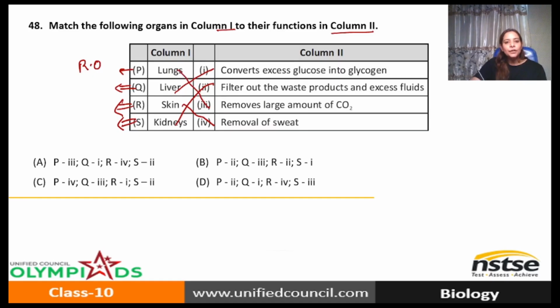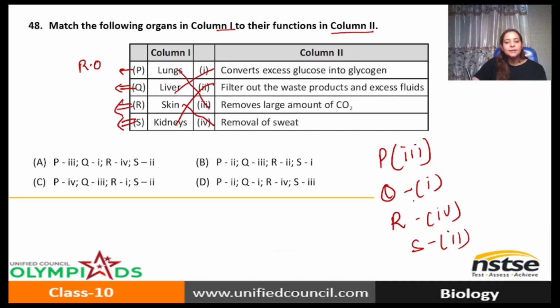So out of it, which is the correct option? The option where P matches with 3, Q matches with 1, R matches with removal of sweat, that is 4, and S matches with 2 is the right answer. That is 3, 1, 4, 2. The order would be 3, 1, 4, 2. That is option A.